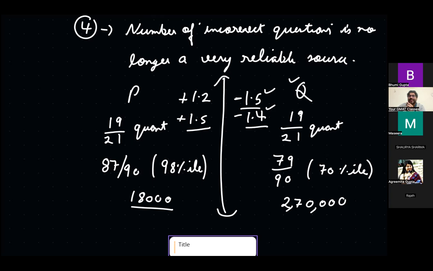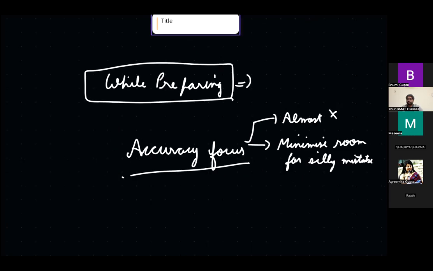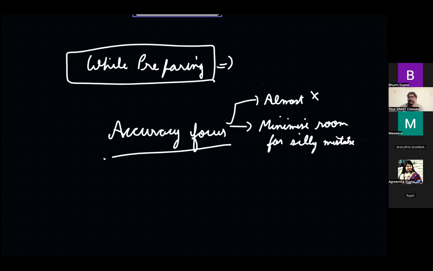Now you might understand the gravity of why I feel this algo is really something interesting. It's a huge difference, 2,70,000 and 18,000 in terms of rank on the same number of questions, 19 on 21 and 19 on 21. So you cannot afford to make silly mistakes. And that's why I have to minimize room for silly mistakes.